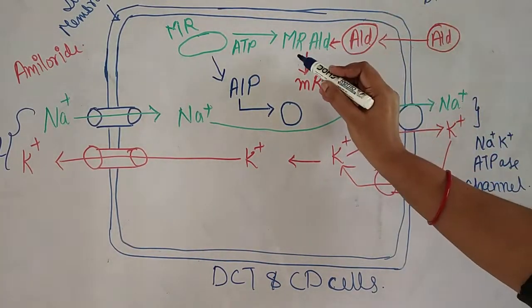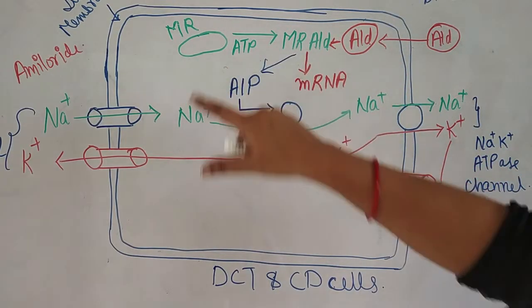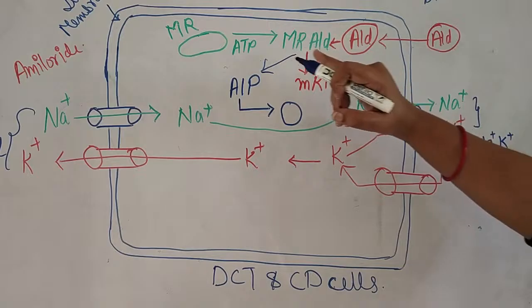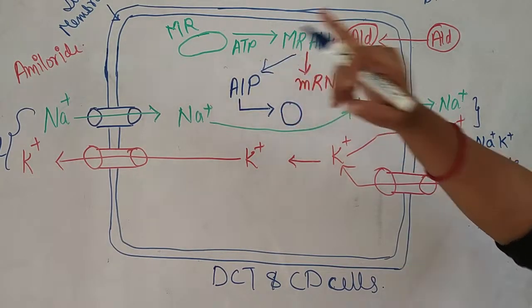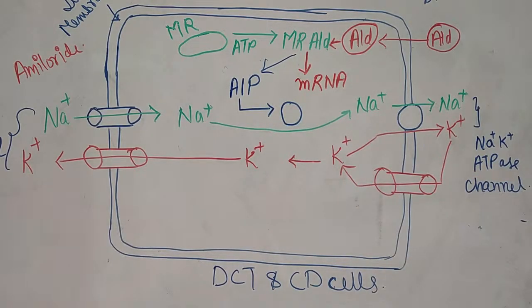When the mineralocorticoid receptor and ALD form a complex, they induce the formation of AIP. AIP is aldosterone induced protein. So when aldosterone binds with the mineralocorticoid receptor, it forms aldosterone induced protein.